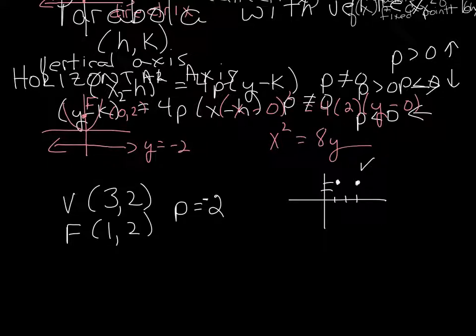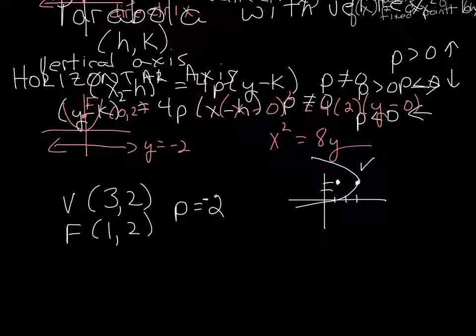The absolute value of P is your distance, because it's opening this way. So P has to be negative 2, but the distance between the two points is 2. You don't have negative distance.